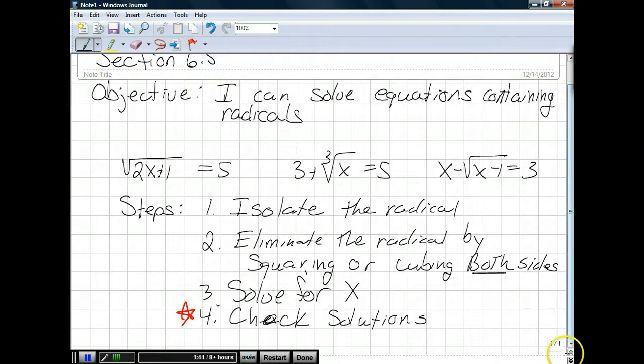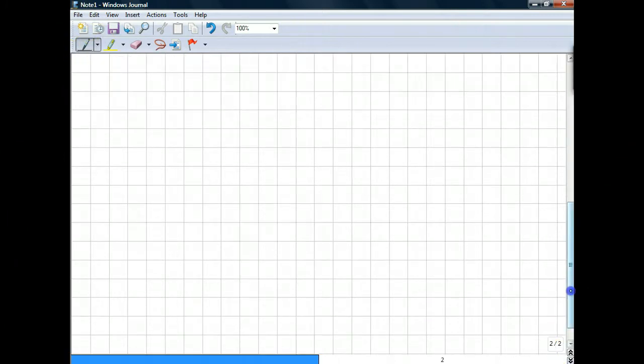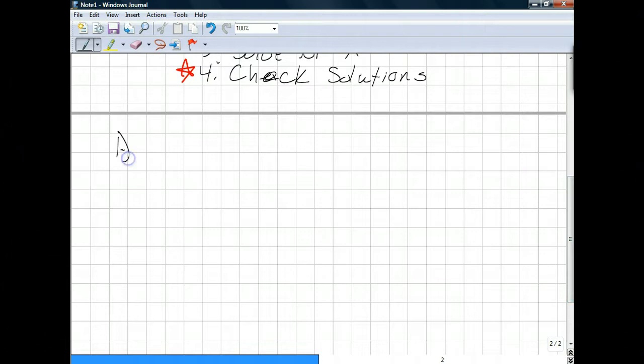Alright, so let's start out with our first example, number one. So I have the square root of 2x plus 1 is equal to 5. Step number one, isolate the radical. And this is the radical. It's all by itself on that side. So step number one is done. Step number two is to eliminate the radical by raising to the same power as the index.